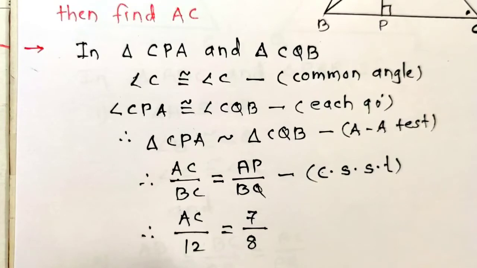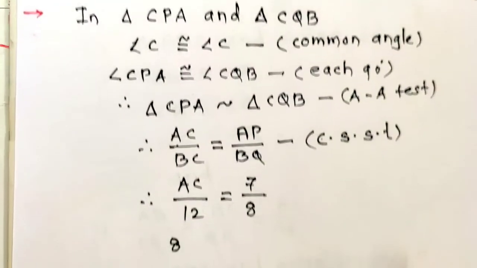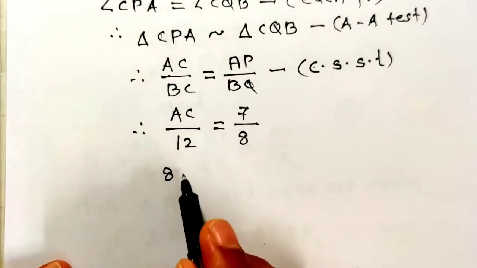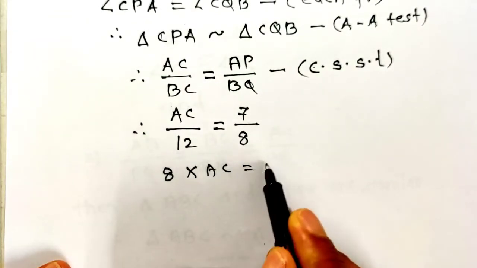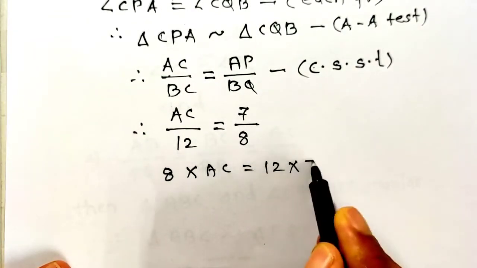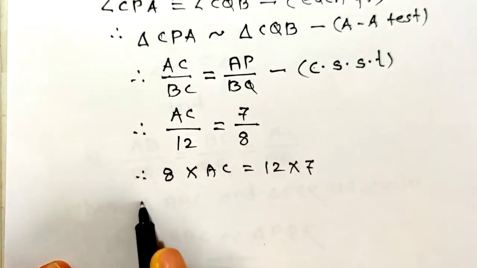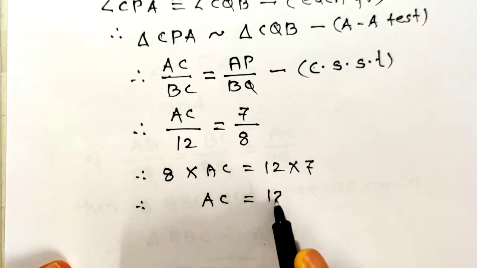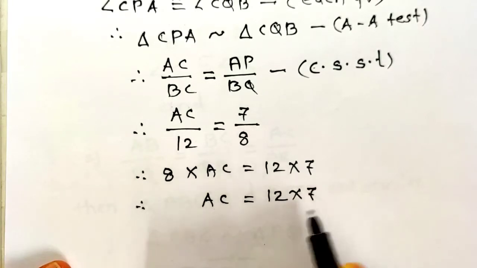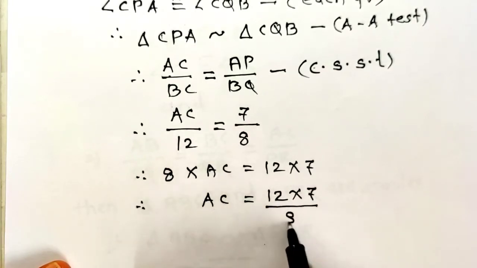Therefore by cross multiplication, 8 into AC is equal to 12 multiplied by 7. Next step, AC is equal to 12 multiplied by 7 divided by 8.